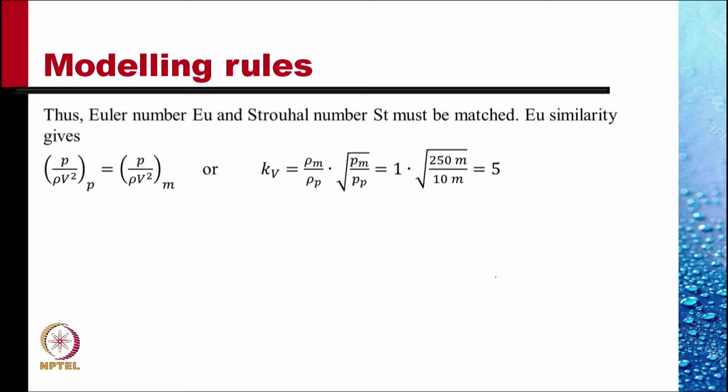And the pressure developed in model and pressure developed in prototype are 250 meters divided by 10 meters. So this gives you a scale factor for velocity to be 5.